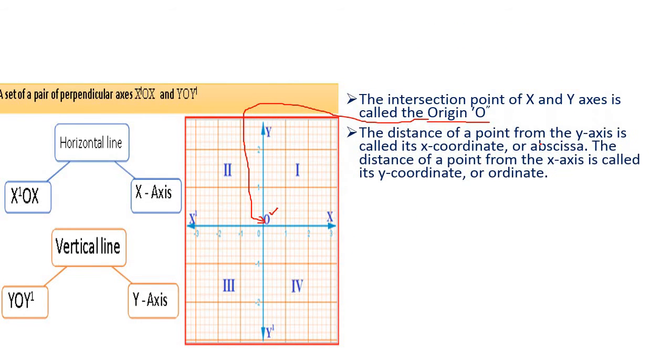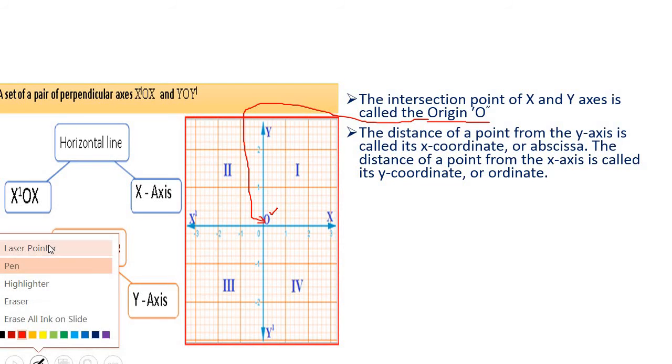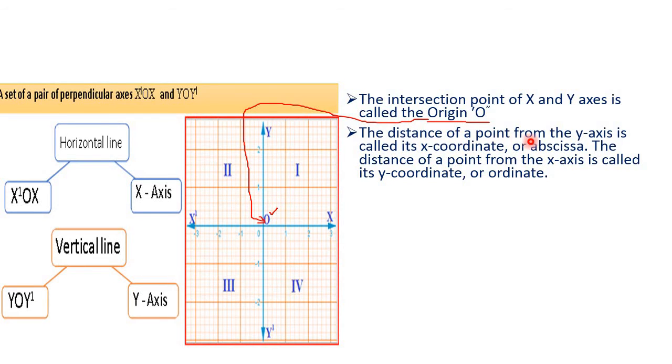The distance of a point from the y-axis is called its x-coordinate or abscissa. Now let us take one point.